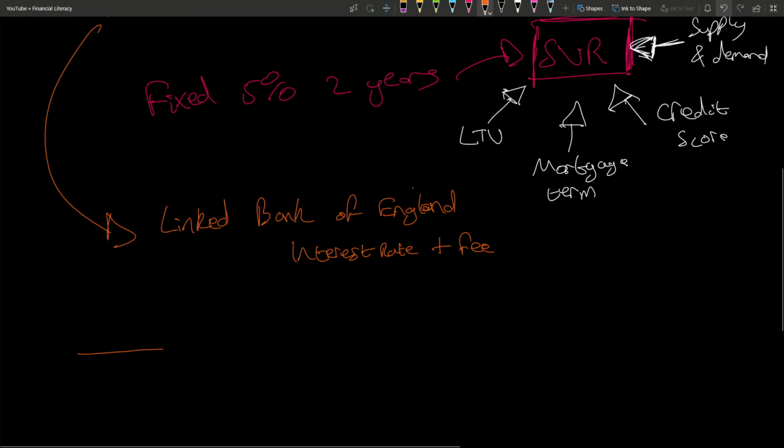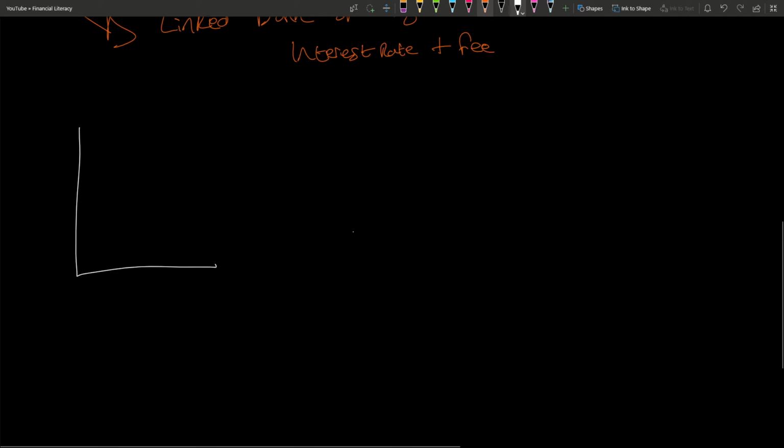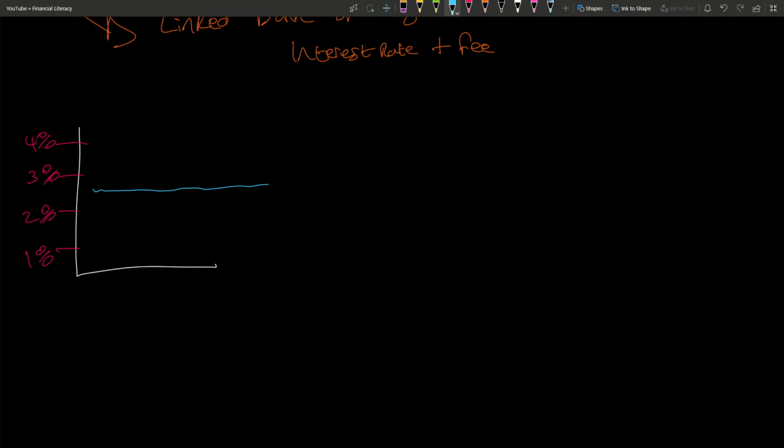Let me draw a graph. Let's say we have the Bank of England interest rate on this axis, 1, 2, 3, as a percentage. Let's say it sits at roughly 2.5%, 2.6%.